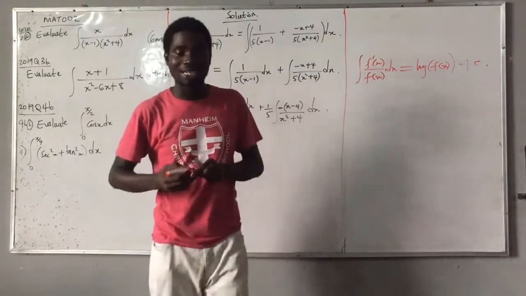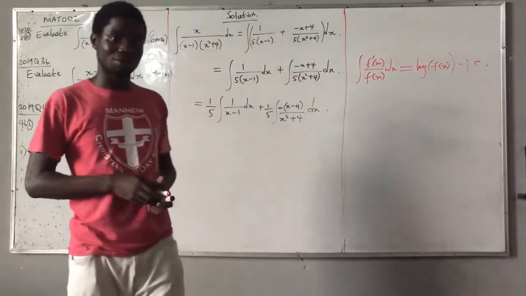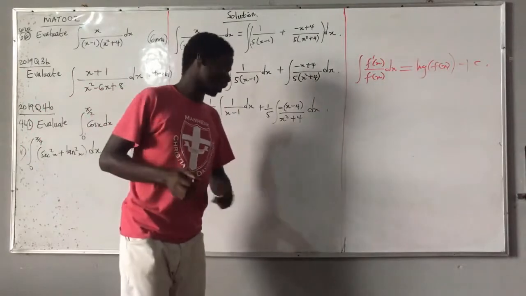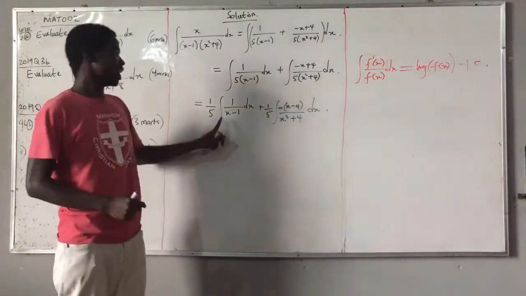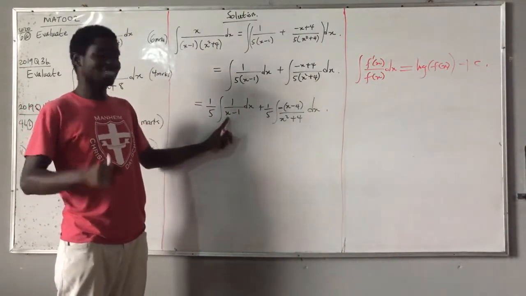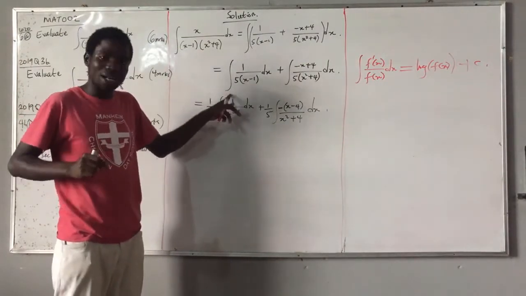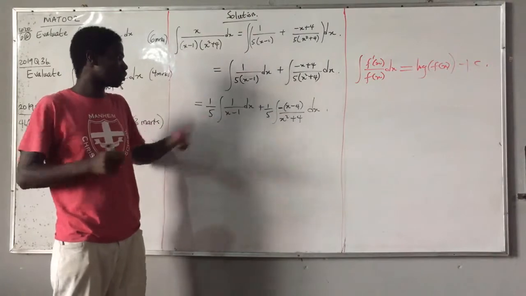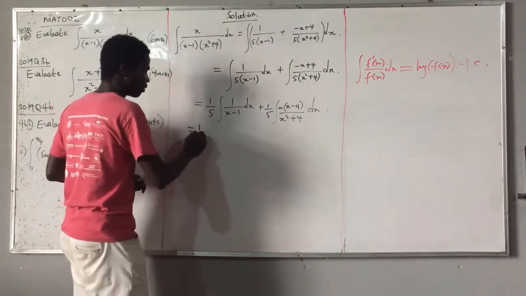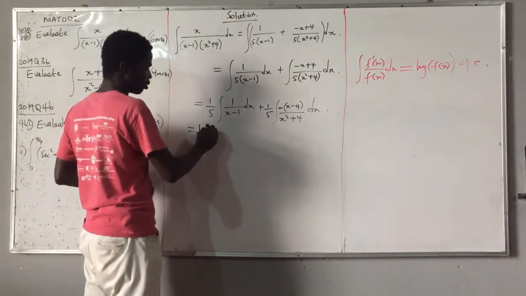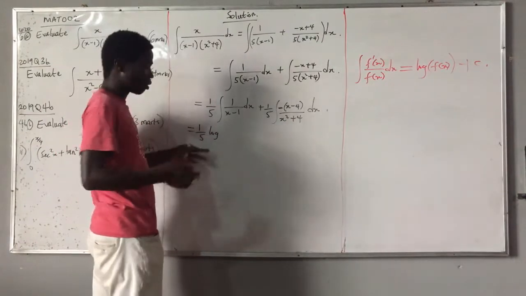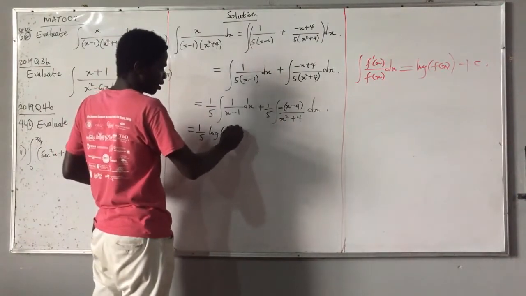That is one law of integral. This is one of the standard integrals we have. So what am I trying to say? If you differentiate x minus 1, differentiate x, you have 1. Differentiate 1, you have 0. So if I differentiate x minus 1, I have 1, which is at the numerator. So this one will be 1 over 5 ln. You can write ln or log, whichever one you want to write is correct.